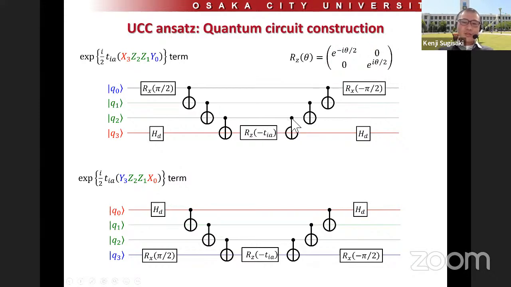After that, we have to apply another CNOT ladder in the reverse order, and then apply another RX with the rotation angle minus pi over 2 to the qubit acting on the Pauli Y operators. And also we have to apply another Hadamard gate.